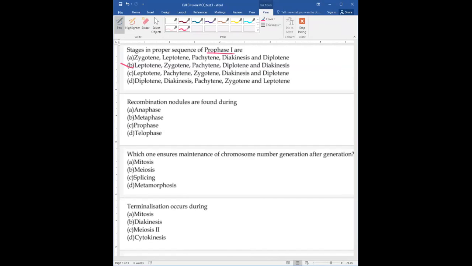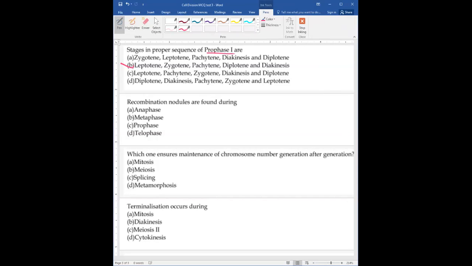See, now there are anaphase, metaphase, prophase, telophase. So, definitely it has to be your prophase, because in prophase you are going to see this thing happening. Okay, and generally, where do these recombination nodules start?